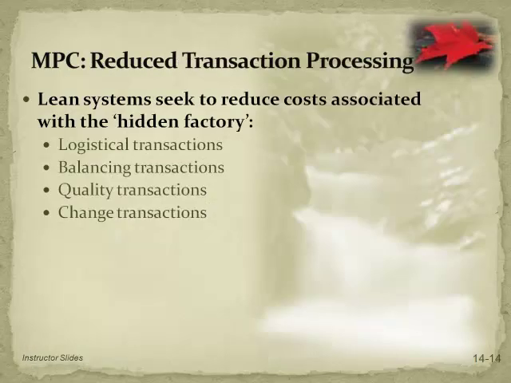Many times, lean processing systems reduce transaction processing. Transaction processing is what occurs with our ERP systems. Because things quite often are visual, this puts less reliance on information systems.